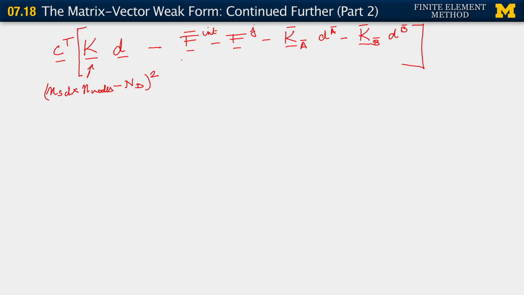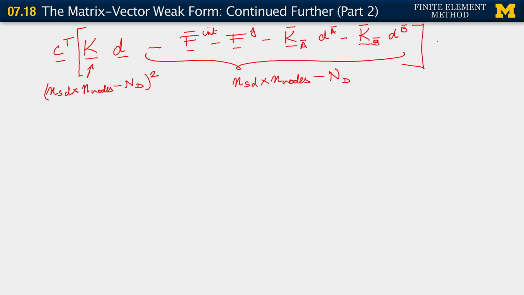All right, and this entire vector now also is of dimension NSD times number of nodes minus ND. It has to be, and indeed, the way we've set up things, it does have that dimension.